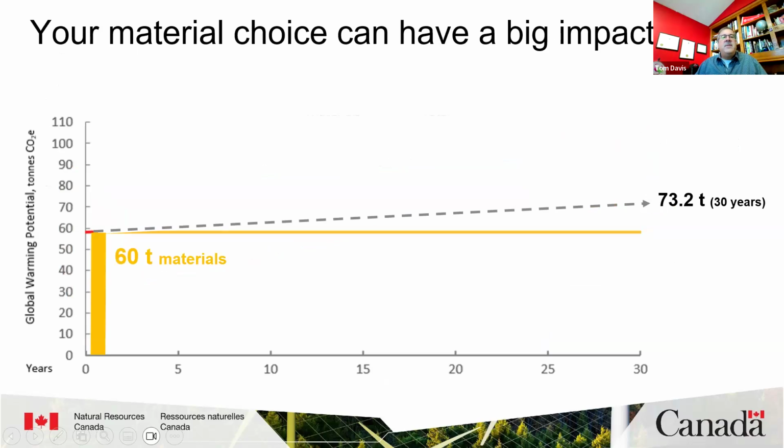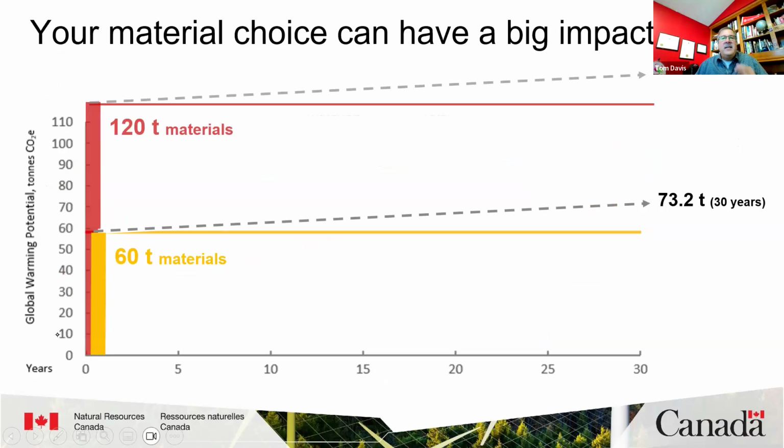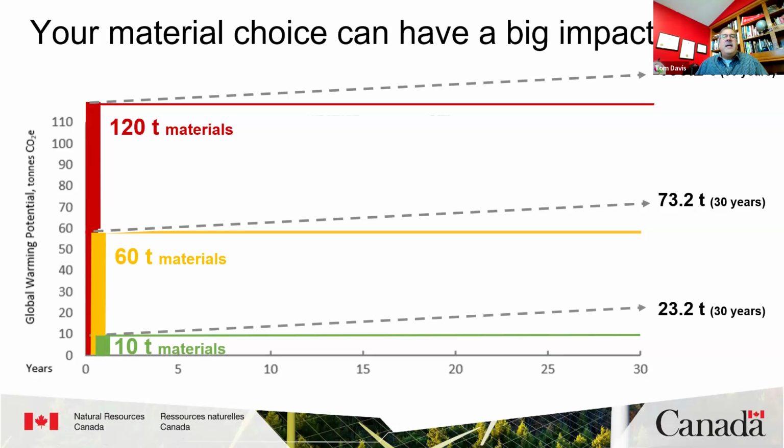Okay, so the results for MCE can vary wildly, as building products have very different emissions profiles. As shown on this slide, it's possible to get emissions as high as 120 tons for a typical 2-story house, or as low as 10 tons, or anywhere in between, even if the level of energy efficiency is the same.